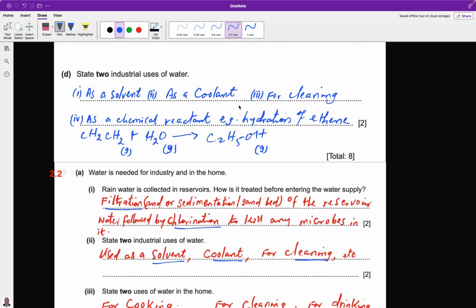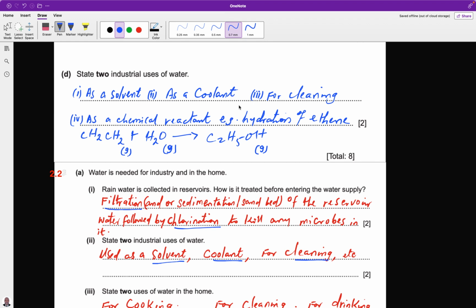Then in industries or companies that are using heavy engines that they need to cool when they are too hot, we need to use water as a coolant to cool down the engine. Then after everything, the debris, all the dirt in the industry, we need to use water for cleaning up. So water is used for cleaning.